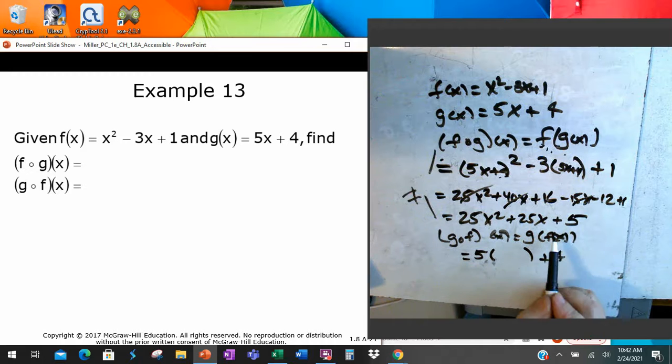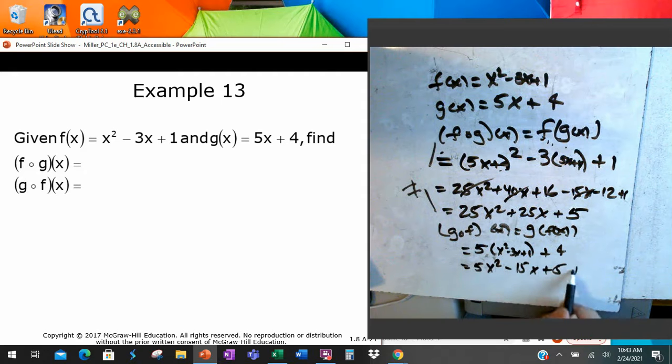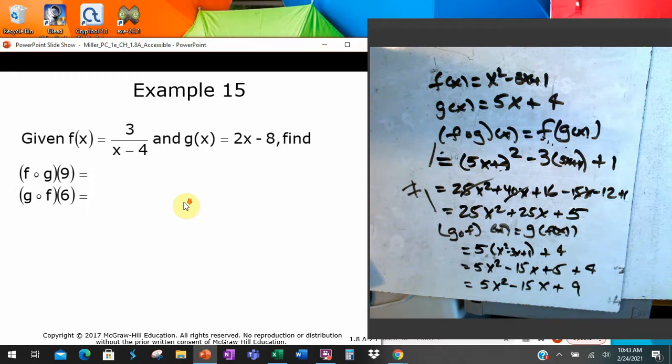And now I evaluate this at f of x. x squared minus 3x plus 1. And then I just do regular algebra after that. 5x squared minus 15x plus 5 plus 4. And that's that basic, so this is not the same thing as what we got up here. So we'll work on some of those more later.